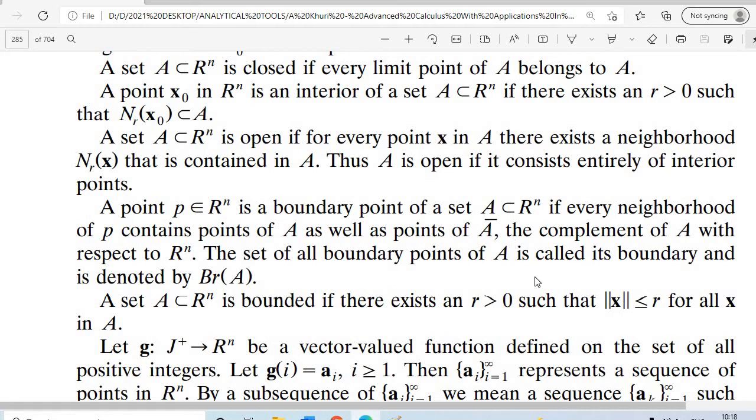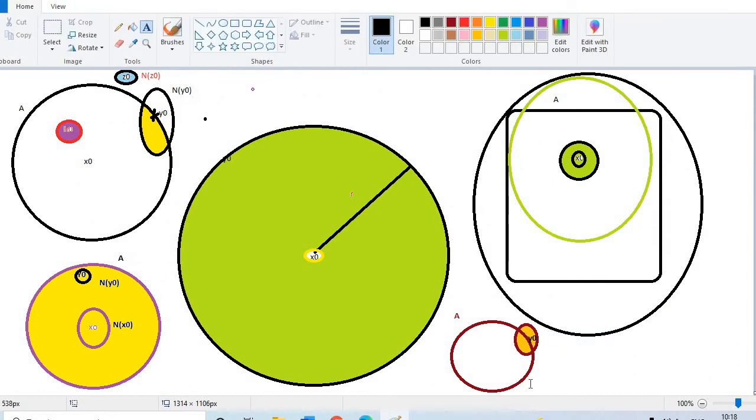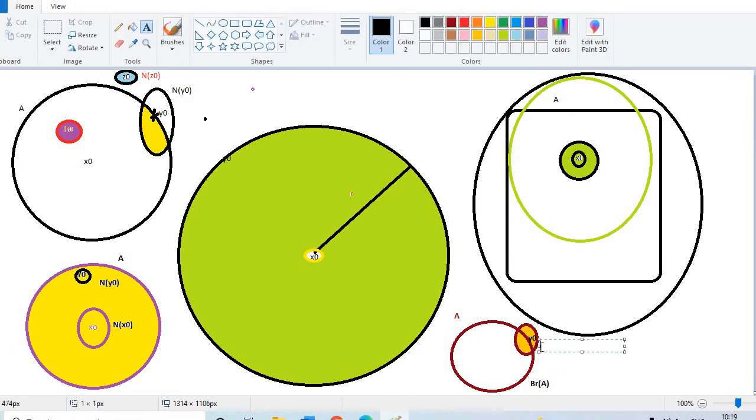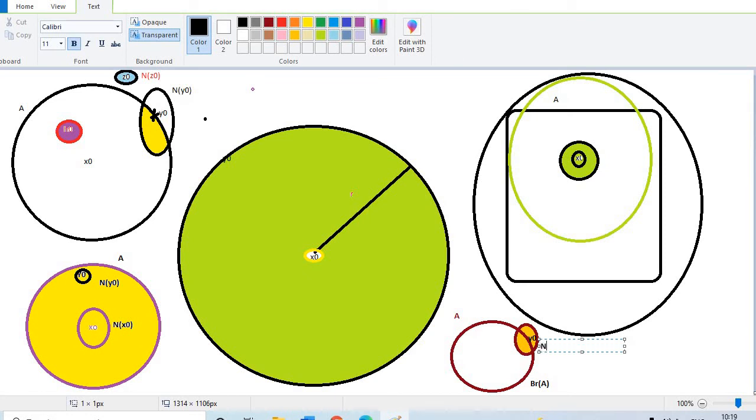Boundary. Okay, sorry, A bar is the complement. So the points in A and A complement are called boundary points, and that is denoted as BR of A. So this circle is actually BR of A. This is actually neighborhood of y0.